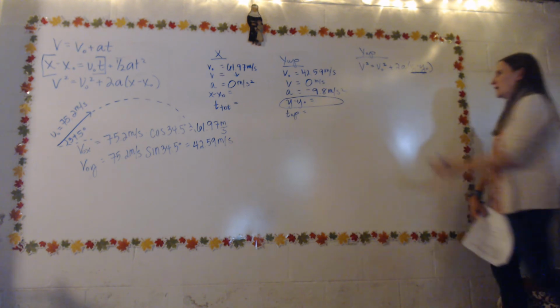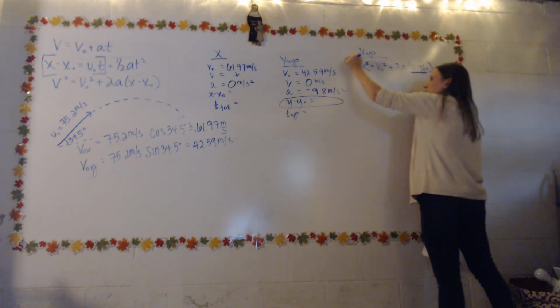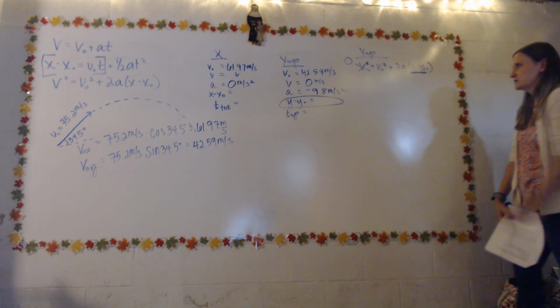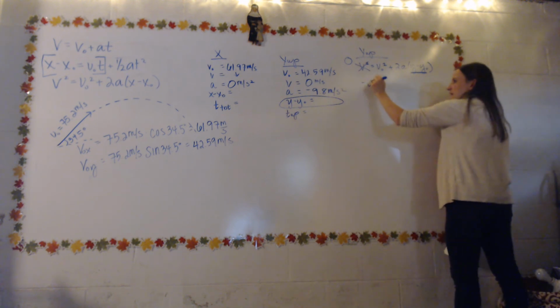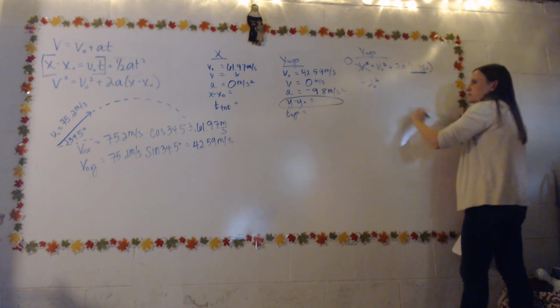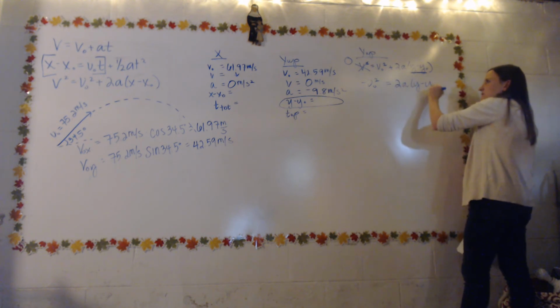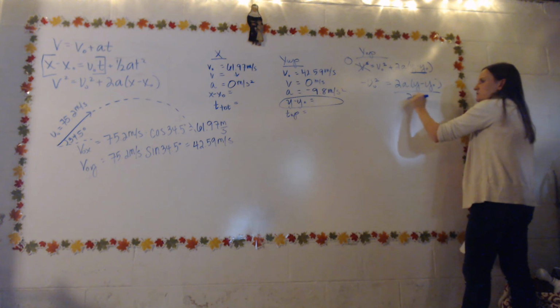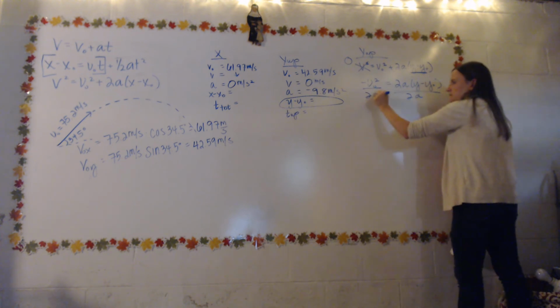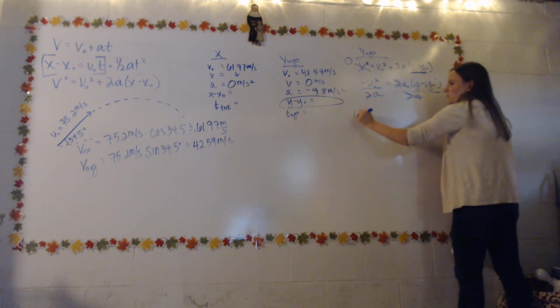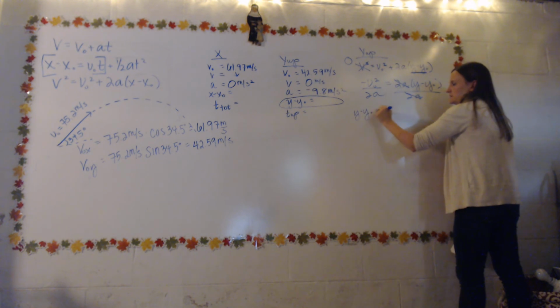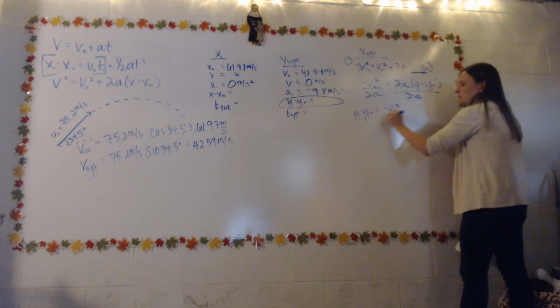Since this is going up, the final velocity we say is 0 at the top of the path. And so I can rearrange this equation. I can say negative V naught squared, I subtracted it from both sides, is equal to 2a times y minus y naught. I can divide both sides by 2a. So y minus y naught is equal to negative V naught squared over 2a.